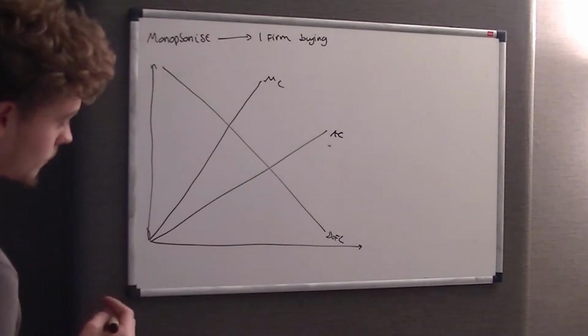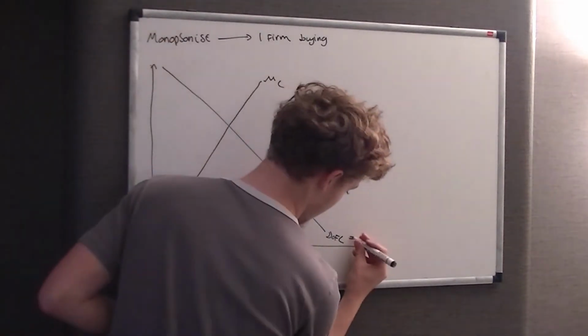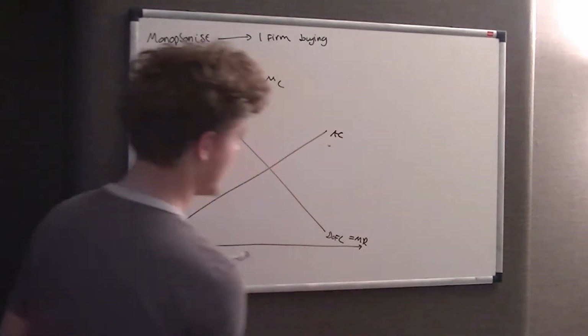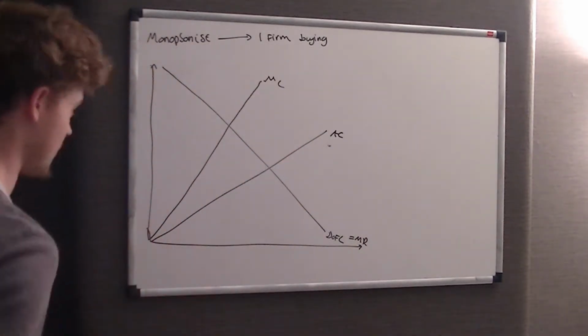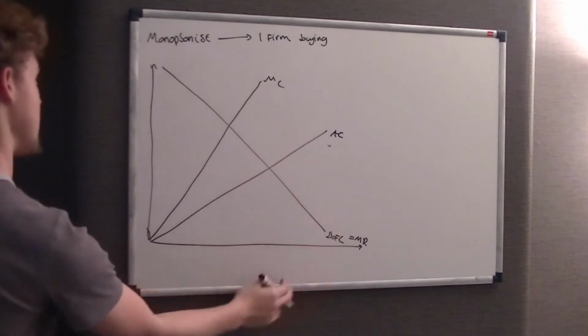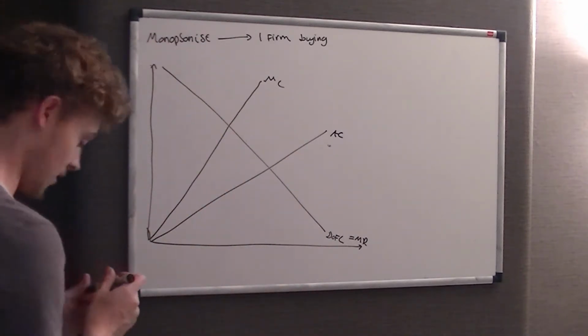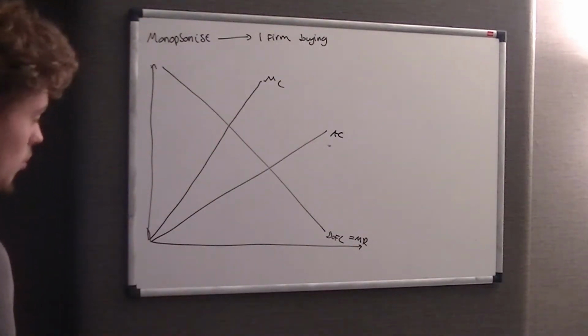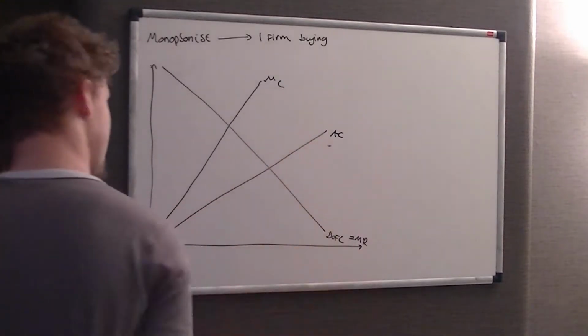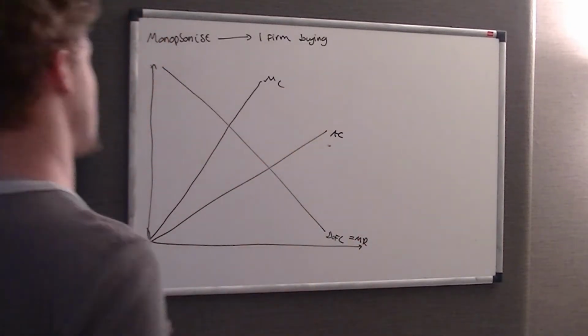Now, obviously this demand of labour is equal to the marginal revenue. That's a key bit. Okay, so hopefully that makes sense. Obviously you have your quantity and your price, but I've not drawn them on just so I can explain the diagram a bit better. Now, that's very well and good, but why do we have a marginal cost curve that is above our average cost curve?